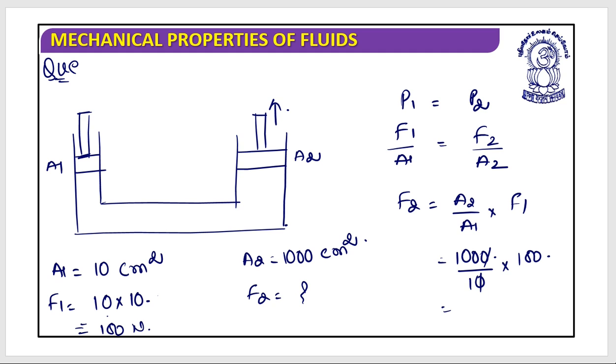So it's 100 into 100, which is equal to 10 to the power 4 newton. So even if you put a small 10 kg object, having weight mg, this can pass on an enormous amount of force on the second piston, and this is how the hydraulic lift works.